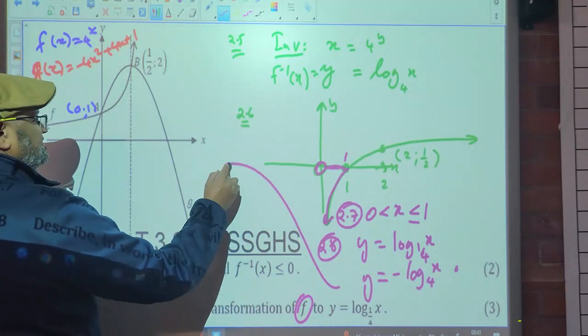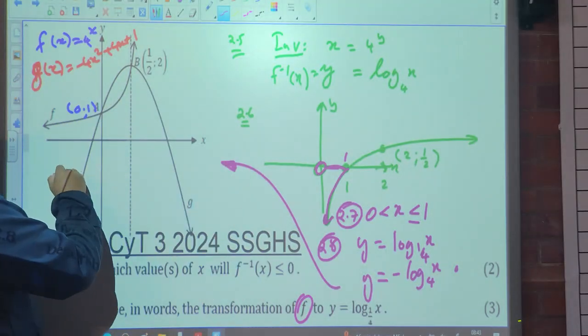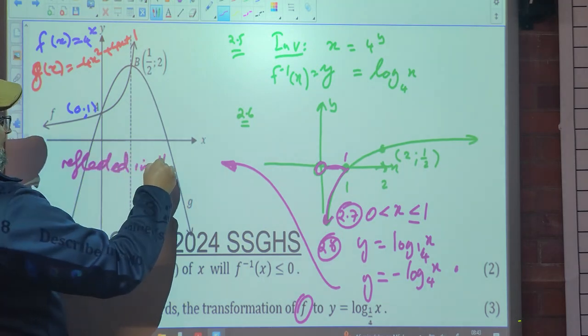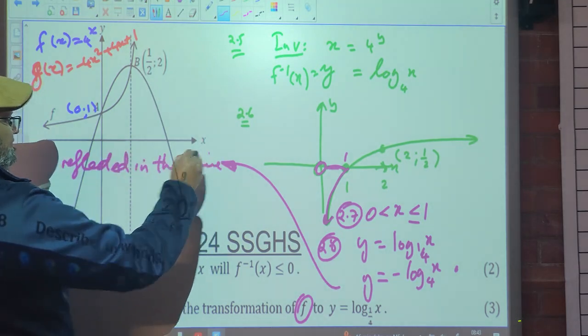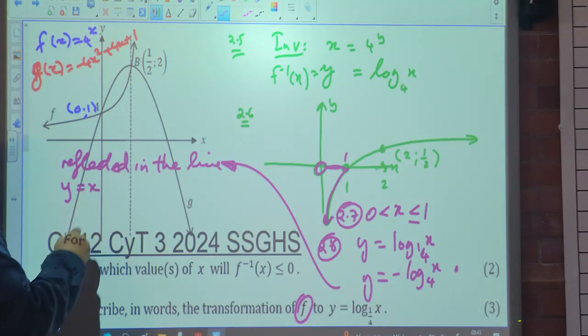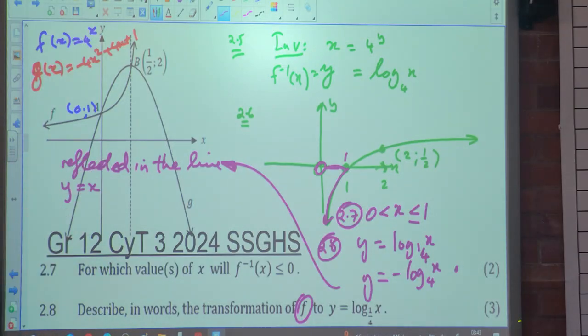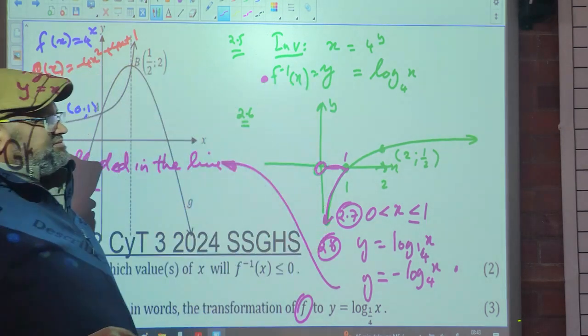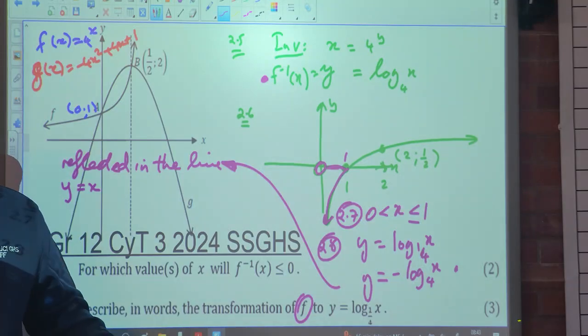2.8. What happens first? The graph is reflected in the line y is equal to x. By reflecting it in the line y is equal to x, you take the inverse graph, of course. Then we'll end up with this here, from exponential to log.